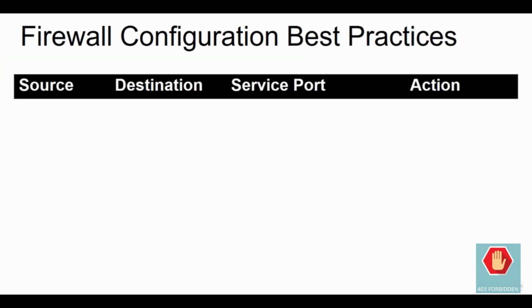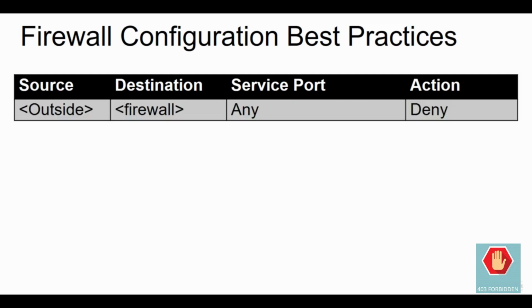Some of the best practices for firewall rule configuration are: the firewall device is never accessible or manageable directly from the public network. This is not to mean it's not connected, but that it can't be managed from the outside. It's a rule by itself to prohibit access to the firewall itself from outside the network.